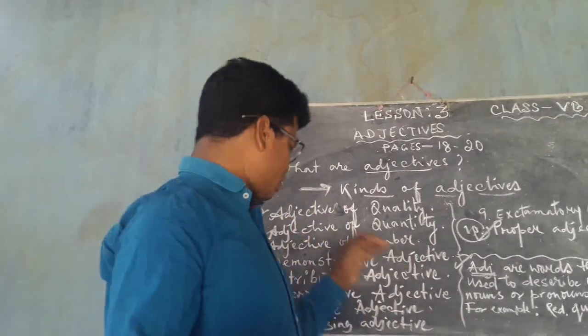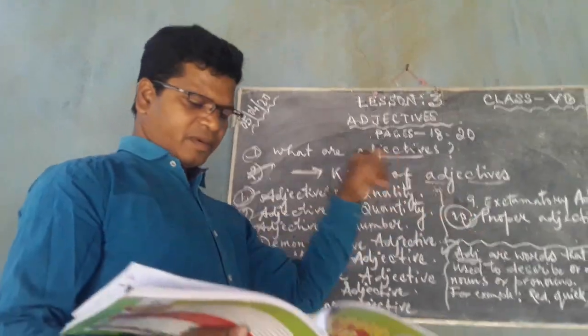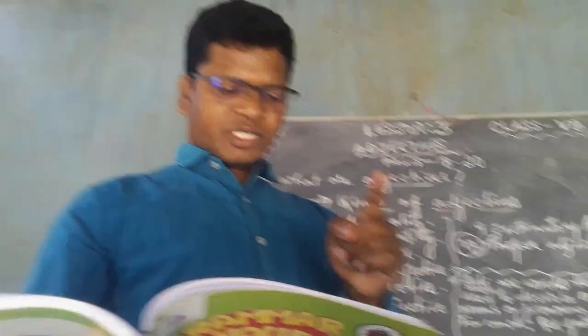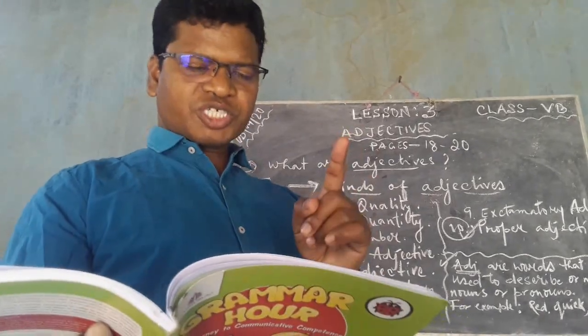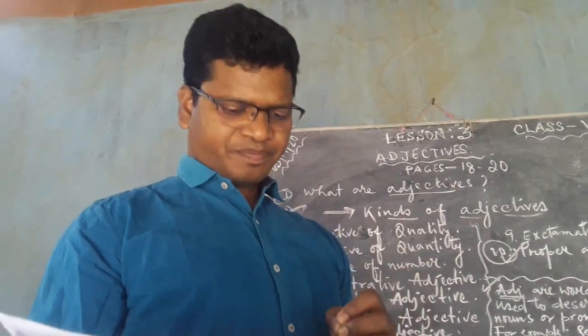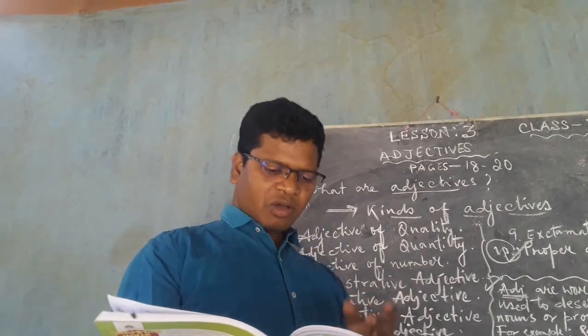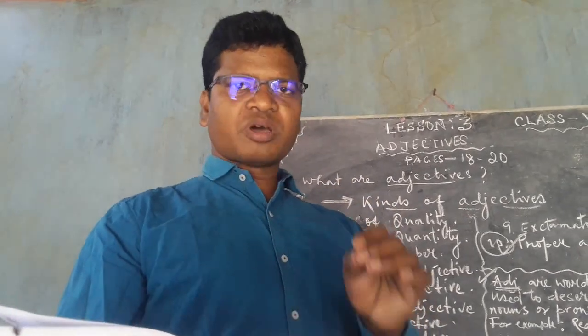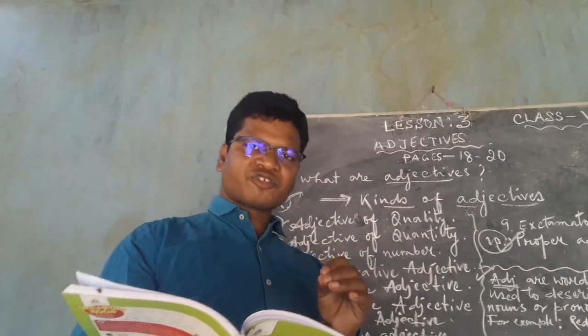You have also learned about adjectives of these kinds. The first one tells us more about the nature of a noun. That is the adjective of quality. When we try to find the adjective of quality, we usually ask the question, what kind of?